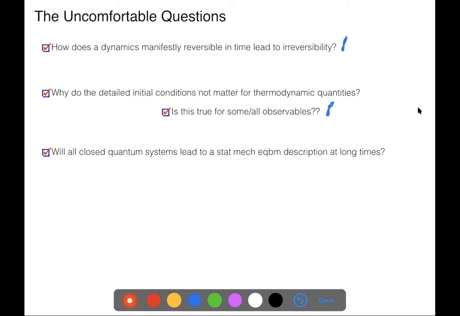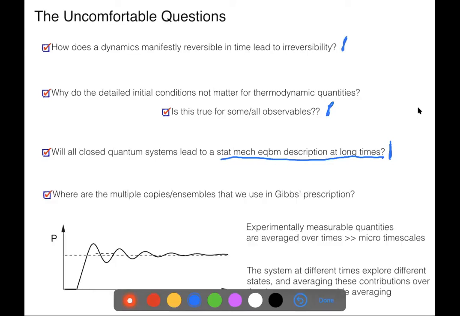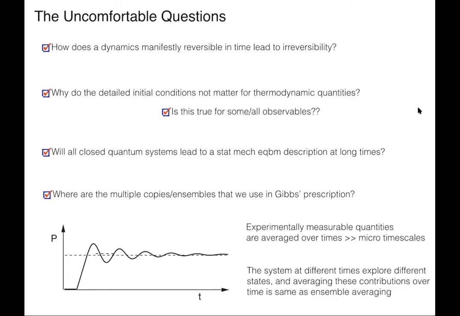You can ask questions like, if I just give you quantum mechanics and a Hamiltonian dynamics, which is the unitary dynamics, will all closed quantum systems lead to a statistical mechanical equilibrium description at long times? This is a question we would be interested in asking. And if it does, are there special characteristics of those quantum systems which make them look like they're described by an equilibrium statistical mechanics?